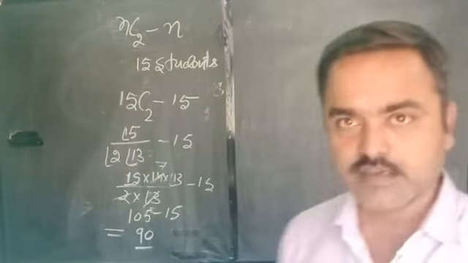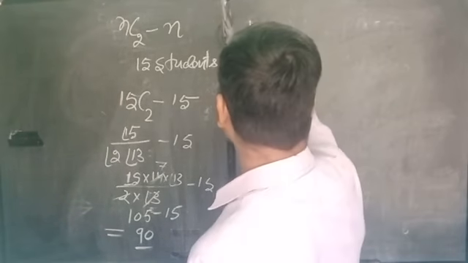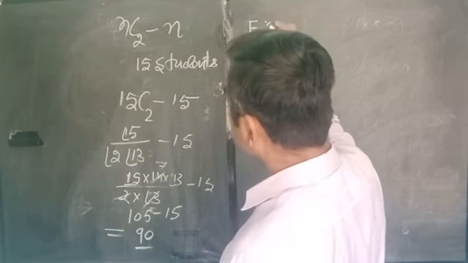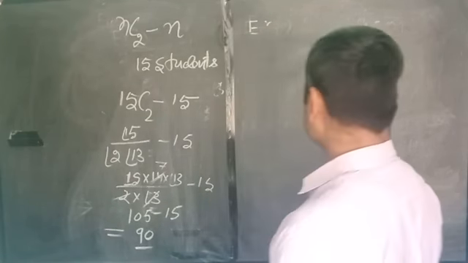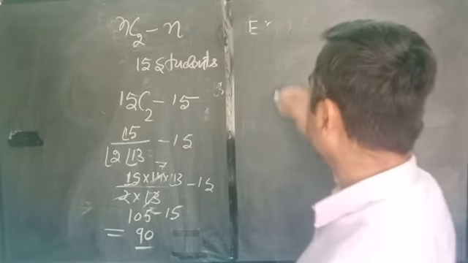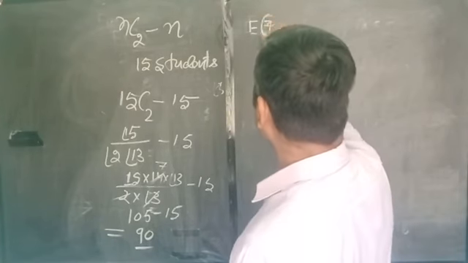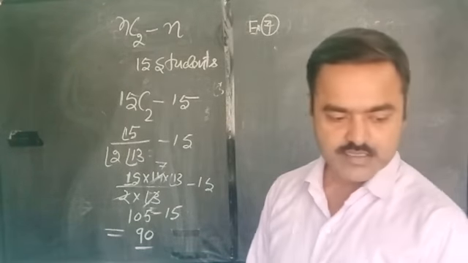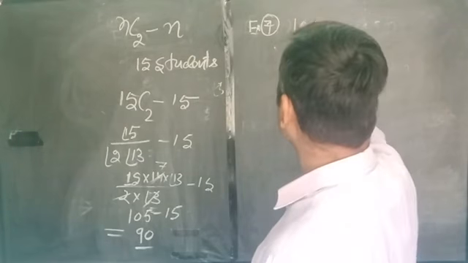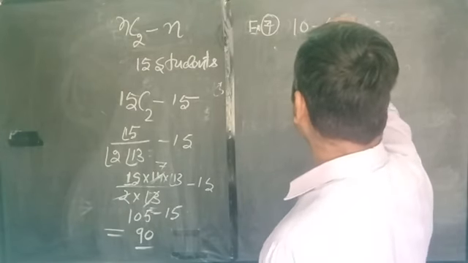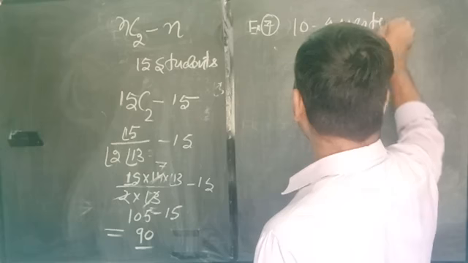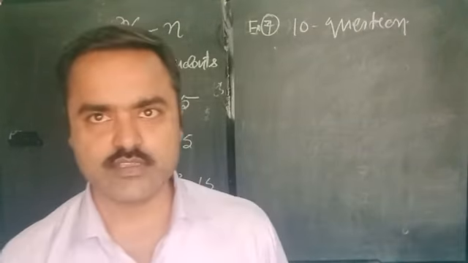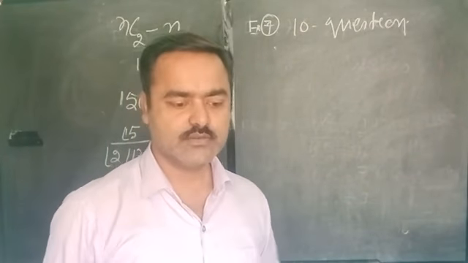See, in a test, one more question. Example 5. In a test paper there are a total of 10 questions, and out of these 10 questions, only 6 questions are to be selected to be done.